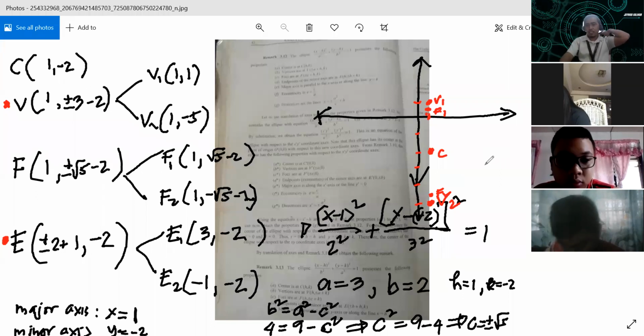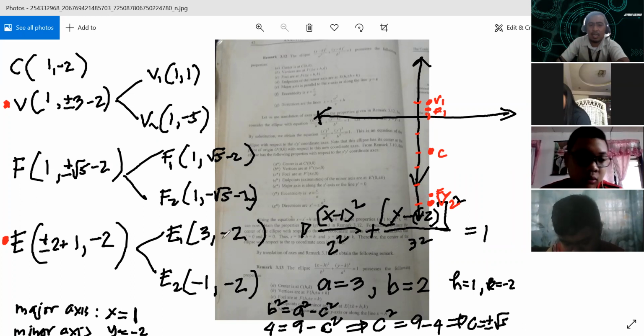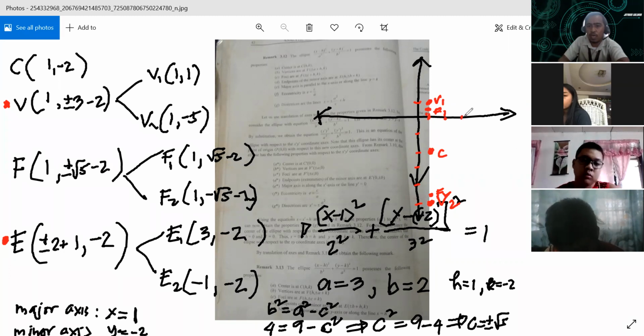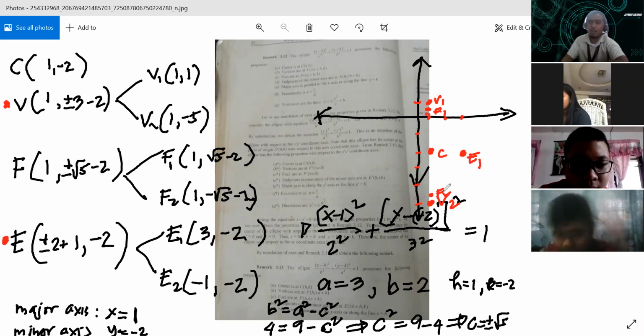Okay, your extremities. Your extremity 1 is 3, negative 2. So, 3, negative 2. 1, 2, 3. Negative 2. So, it's somewhere here. Extremity number 1. Your extremity number 2, negative 1 for x, negative 2 for y.